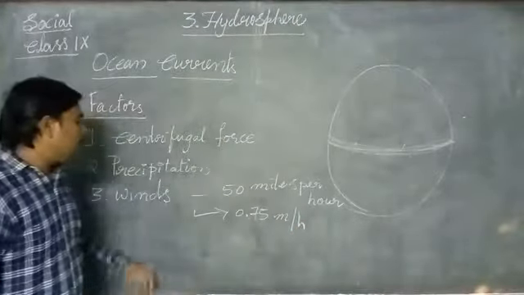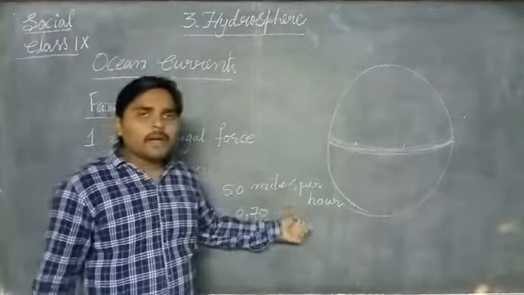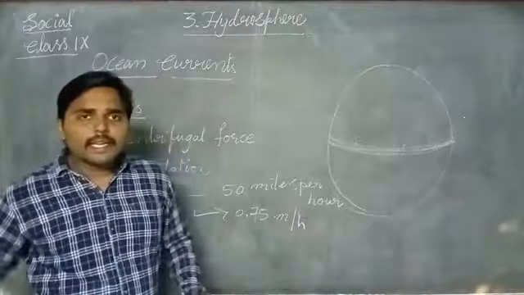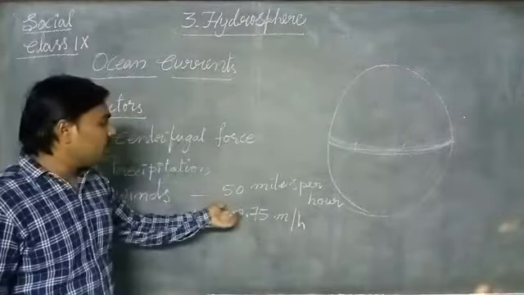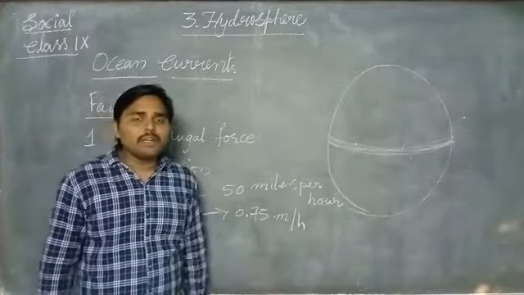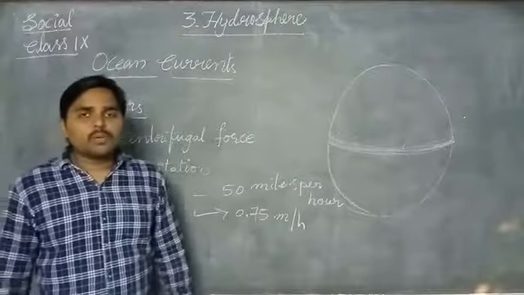Whenever the winds flow at 50 miles per hour on the surface of the ocean, they can drag the water along with the wind at 0.75 miles per hour. Due to this, the oceanic currents will be formed in the oceans.